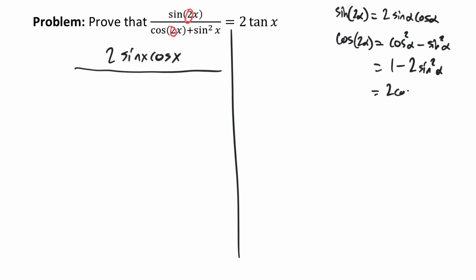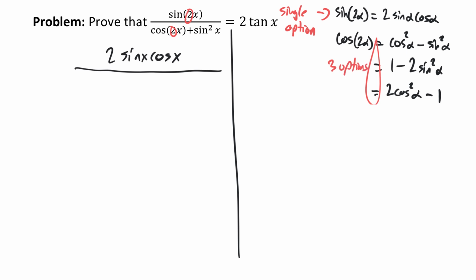And 2 cos squared alpha minus 1. So the nice thing for that sine one is there's really only a single option. There's only a single option, and so if you see sine of 2x, just put 2 sine x cos x. But here, unfortunately, we have 3 options.